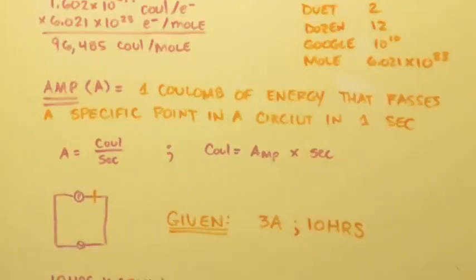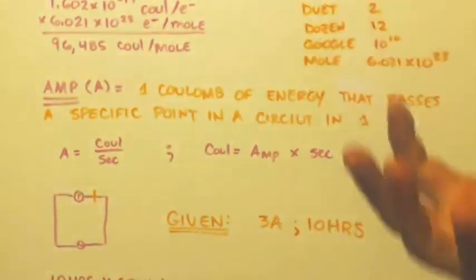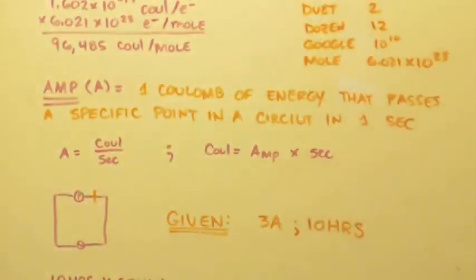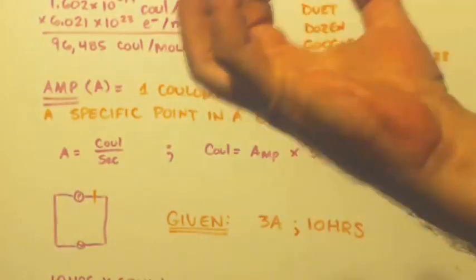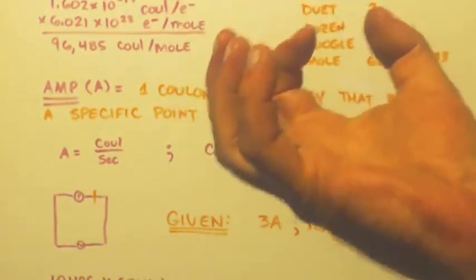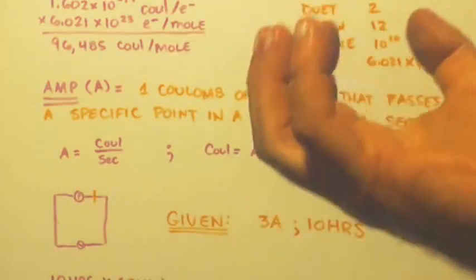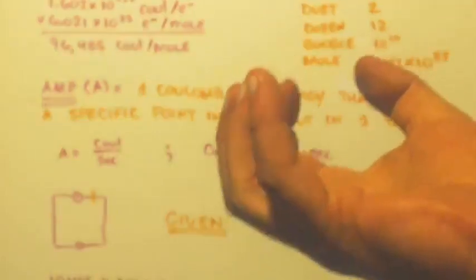So what is an amp? It's just a coulomb. A coulomb and an amp are the same exact thing, with only one difference. An amp is taking seconds into account, right? Coulombs is the amount of charge you have. I could have that charge sitting in my hand, say, because I have enough electrons to be 1 coulomb.